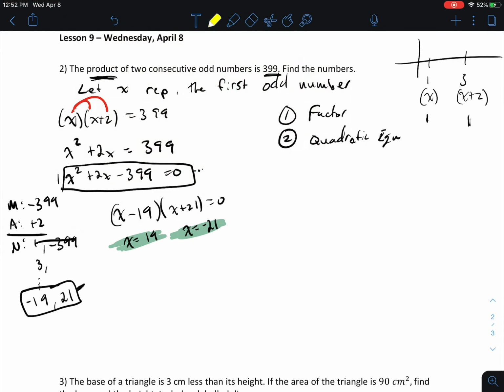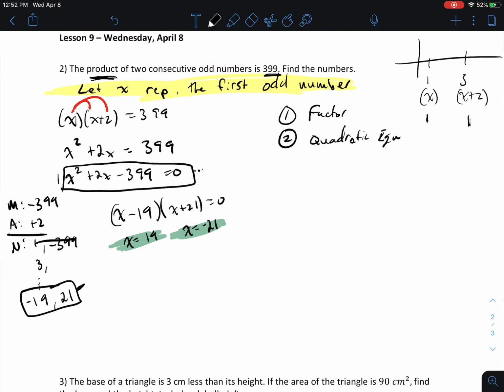And if you look at what we wrote at the top, we wrote that x was simply just the first odd number. So there's actually two sets of numbers that satisfy the fact that they multiply to 399.